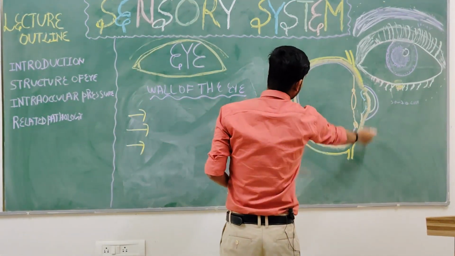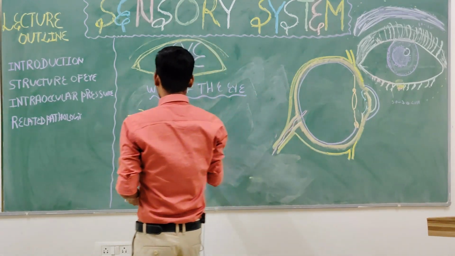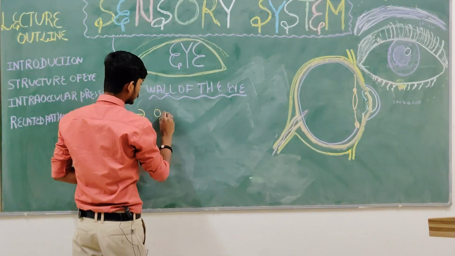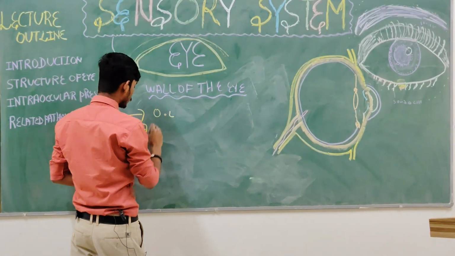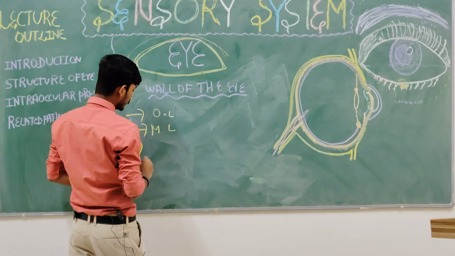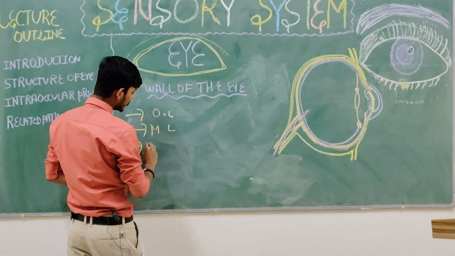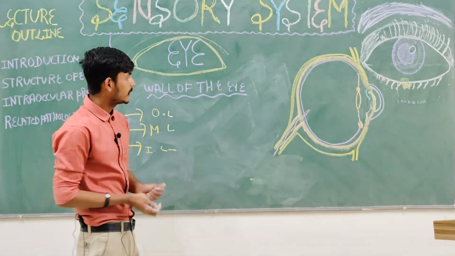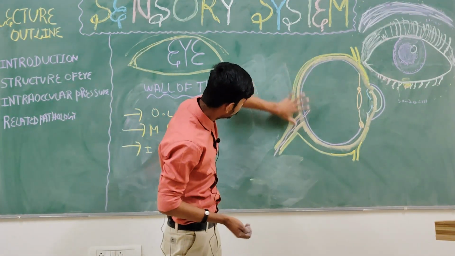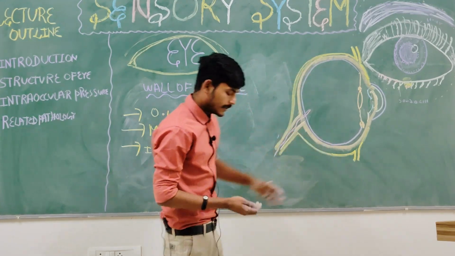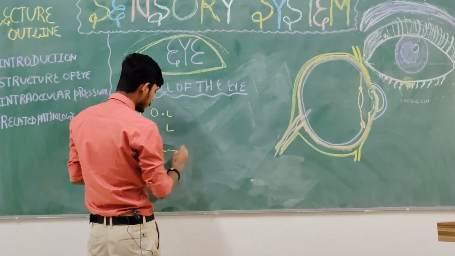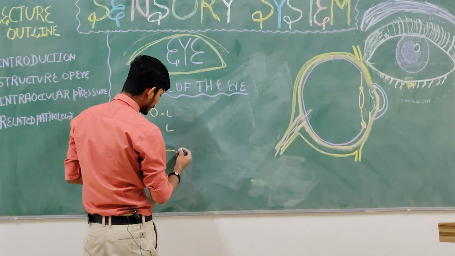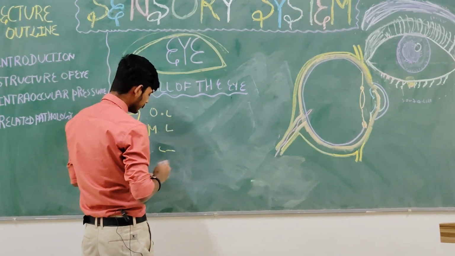The outer appearance is called the outer wall, the outer layer of the eye basically. Then we have the middle layer of the eye, then the internal layer of the eye. The internal layer, or we can say the posterior surface, is covered by the retina, a neural tissue or neural sheath, that's your retina.